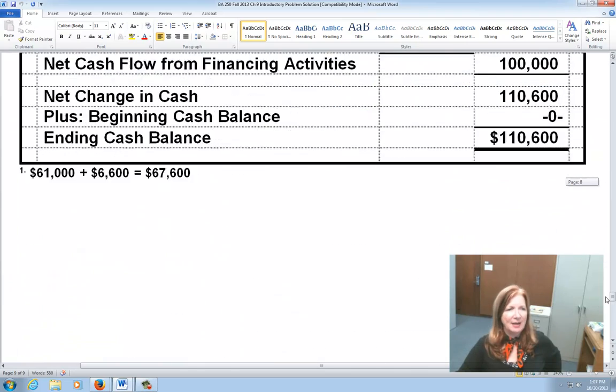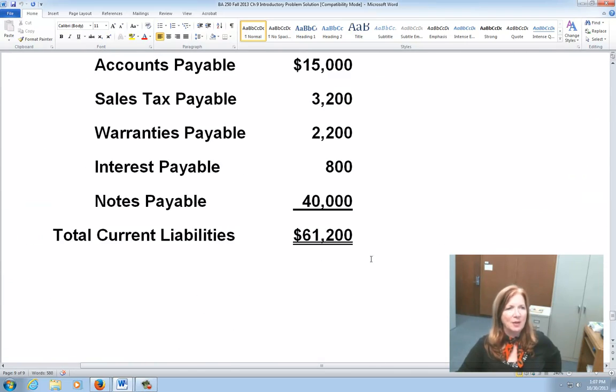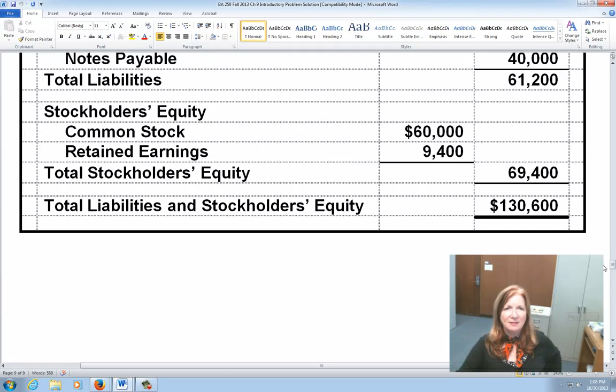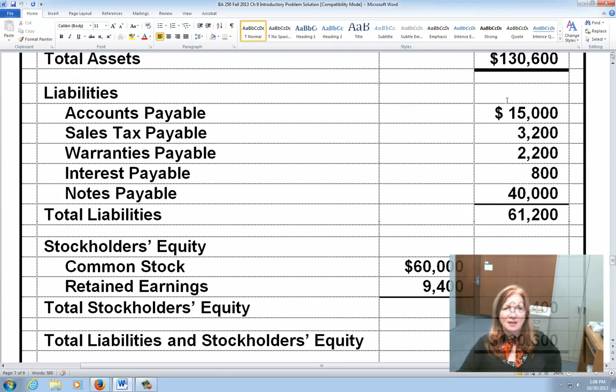So let's come down here: there's the accounts payable, sales, warranties, interest, and notes, and I add those all together, and there's $62,500 in liabilities, and the balance sheet says that the liabilities are $62,500, so I have the right number.